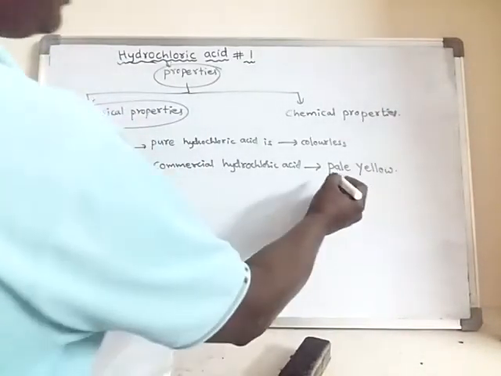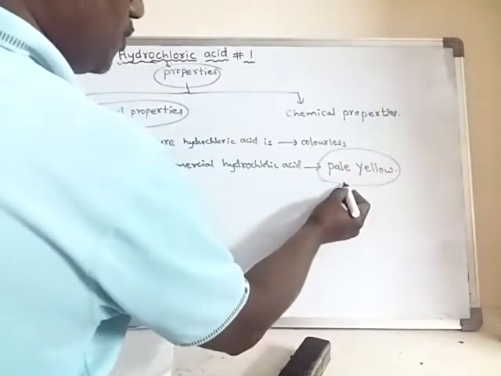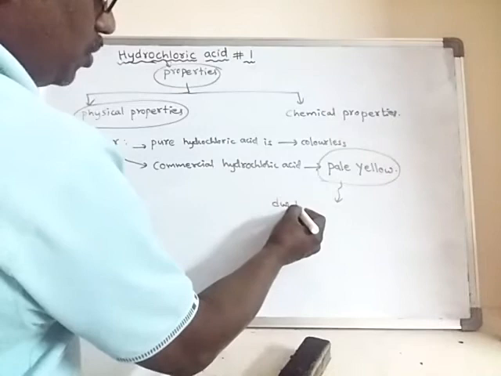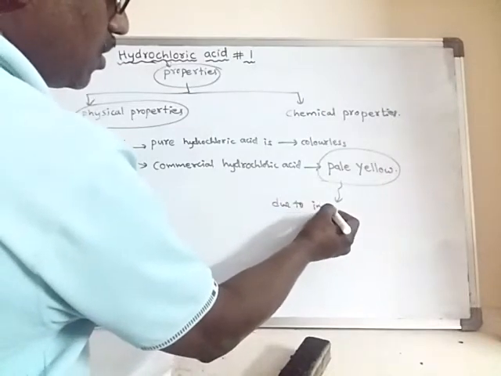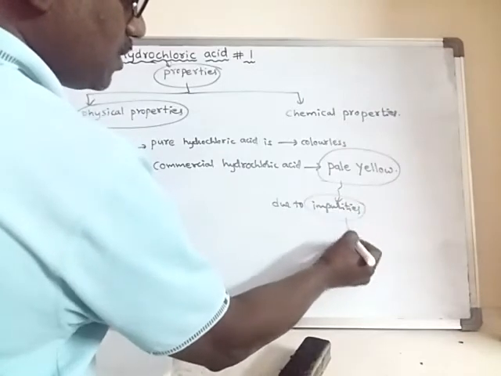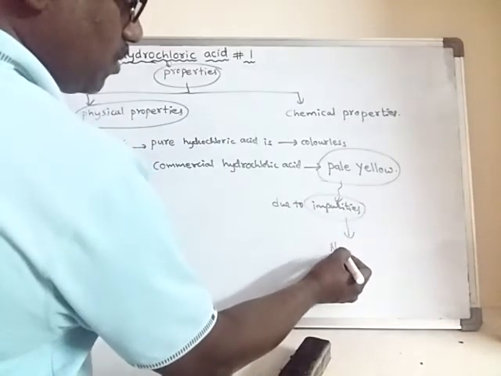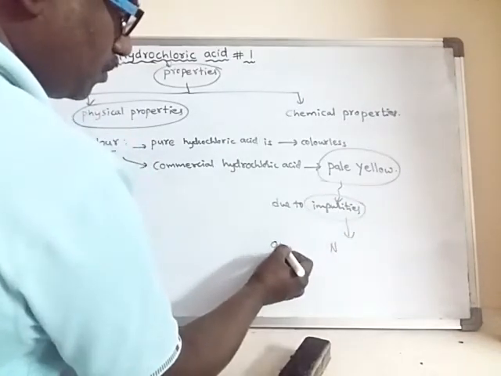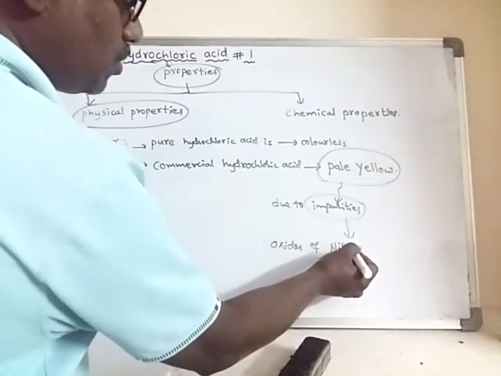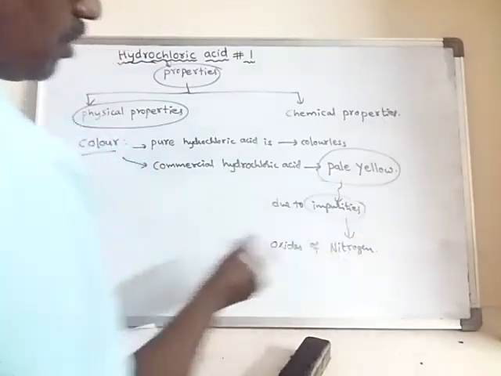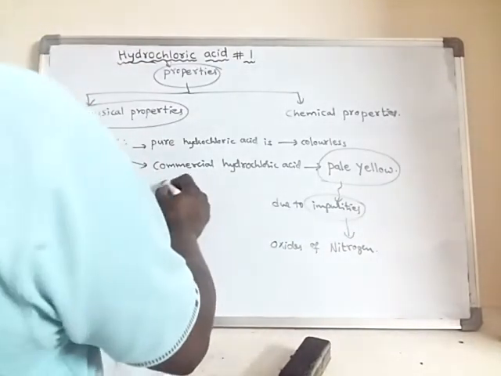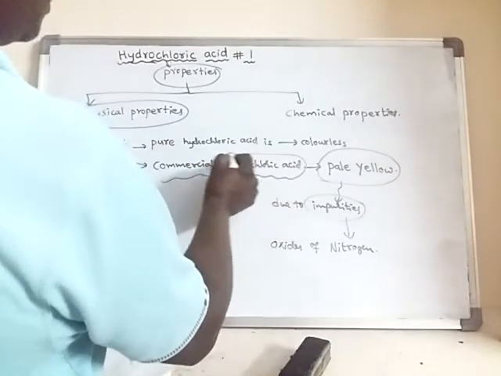Because of the presence of nitrogen oxides. The pale yellow color is due to impurities. The main impurity is oxides of nitrogen, dissolved in the commercial hydrochloric acid.